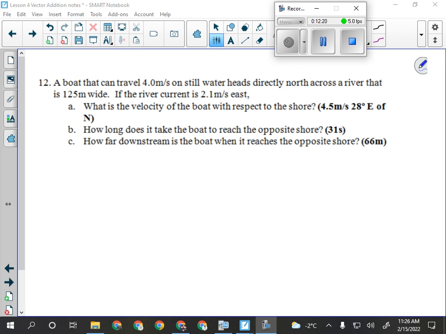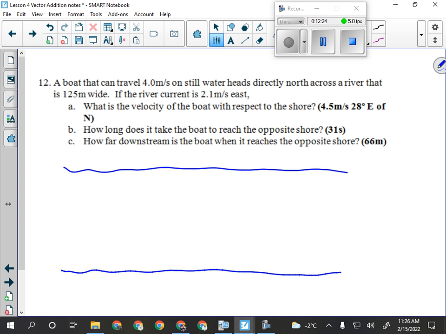So this is a rowing across question. So we have a river, which they tell us is 125 meters wide. They tell us that a boat can travel 4 meters per second on still water and heads directly north across the river.